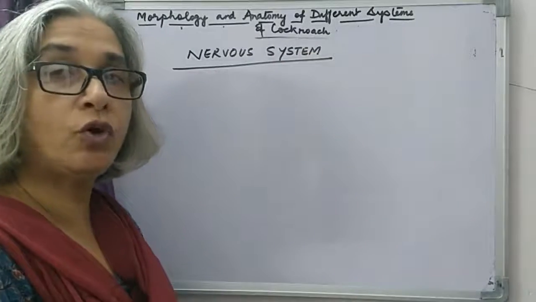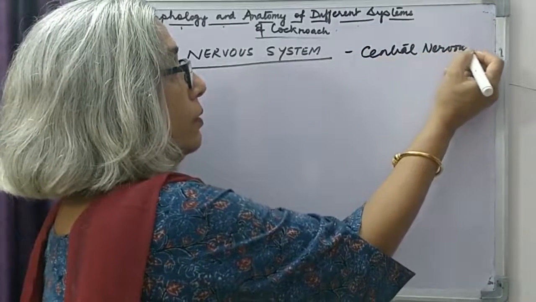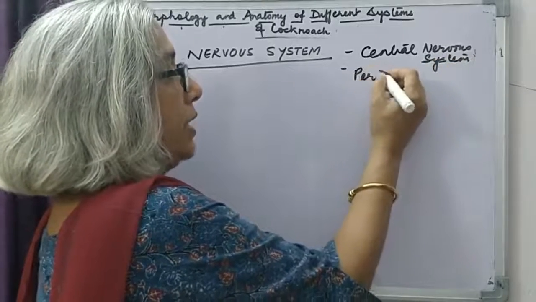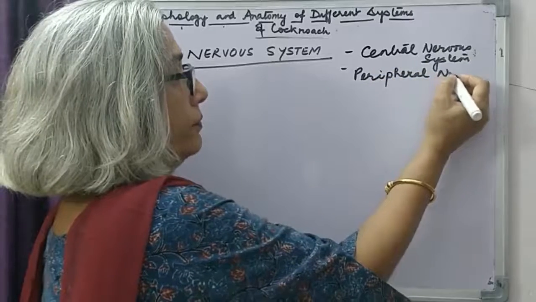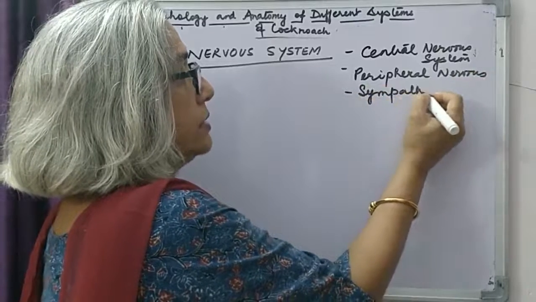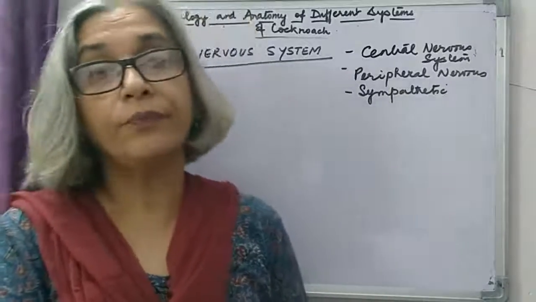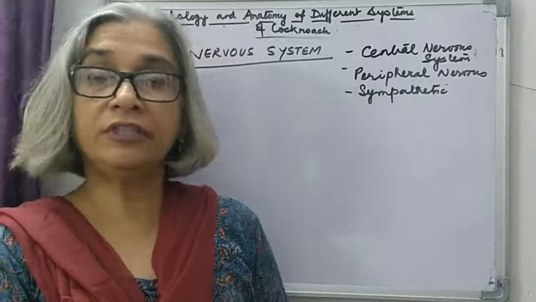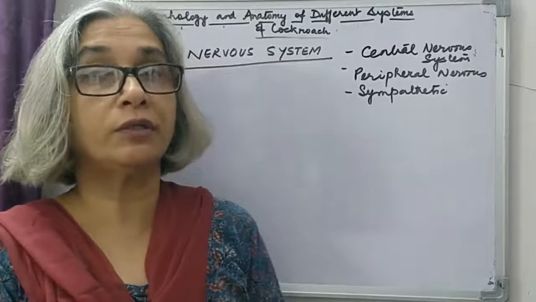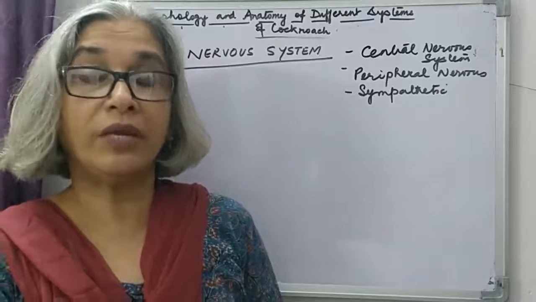Nervous system consists of the central nervous system, the peripheral nervous system, and the sympathetic nervous system. Central nervous system is composed of the brain and the ventral nerve cord, and peripheral nervous system is composed of all the nerves that arise from the brain and the other ganglion associated with the ventral nerve cord.